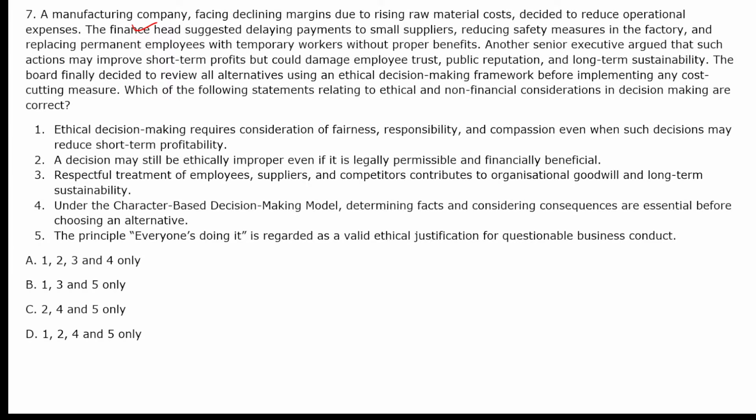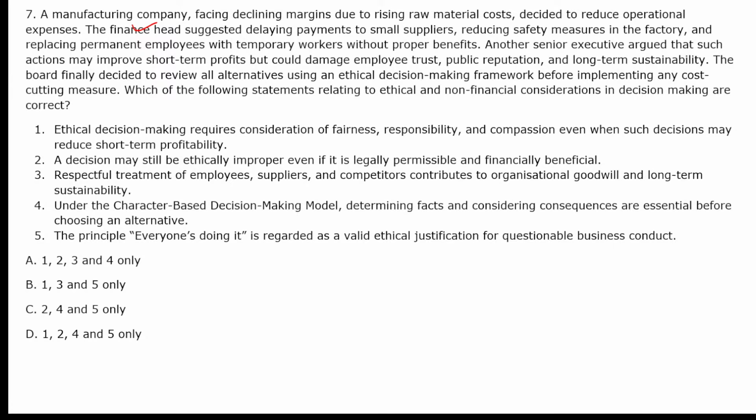Ethical decision making requires consideration of fairness, responsibility, and compassion, even when such decisions may reduce short-term profitability. Do you think this is correct? Yes, it is correct, 100% correct.